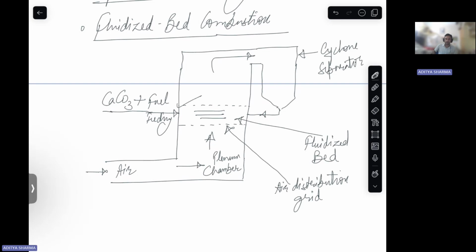It reacts with your sulfur dioxide and gives an inert product, which we can capture. And this way we can eliminate the sulfur from our combustion products, right?